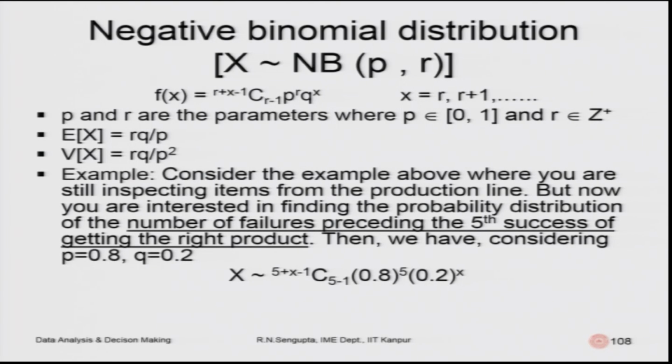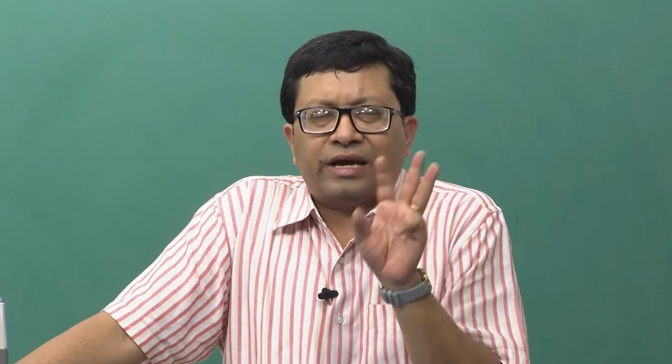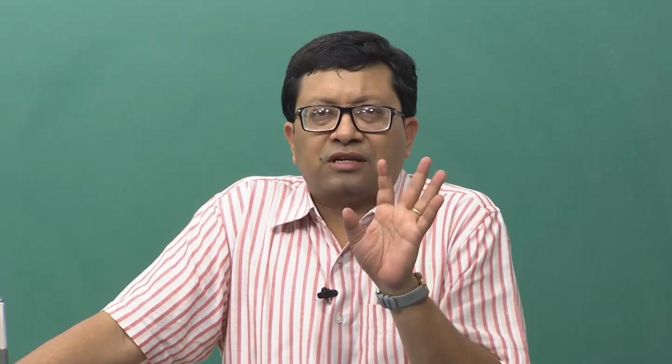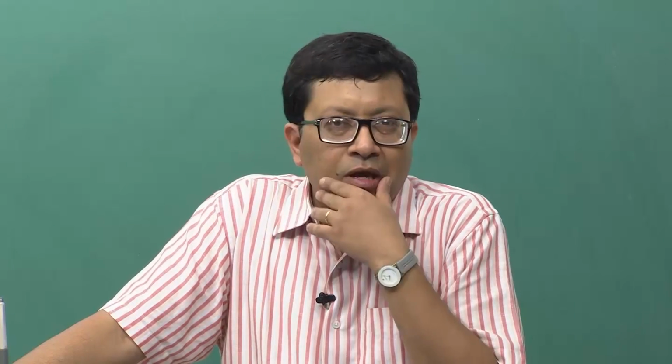Now, listen to the actual framework or the background of the problem. Consider that you want to find out the distribution until you get the third head, or third bad item, or third good item, whatever it is. 3 is what we consider r, so it can change also.